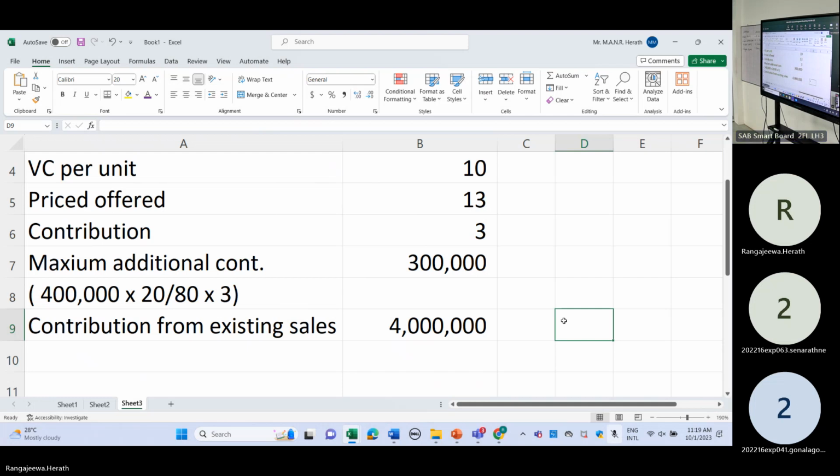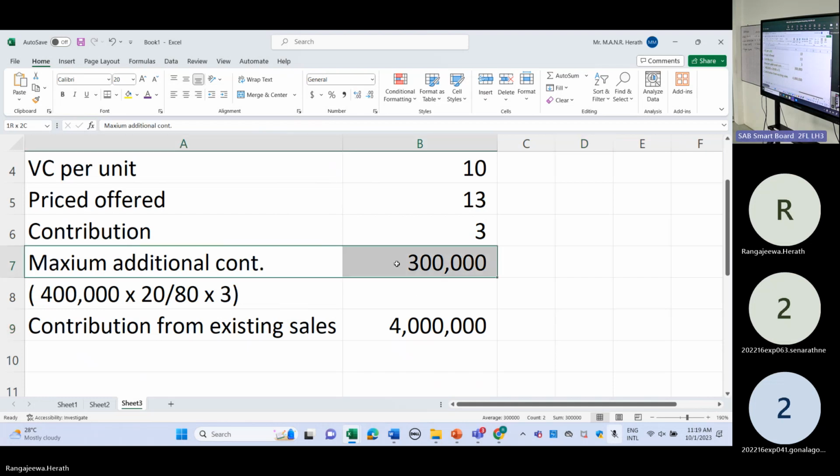So financially, to recover the maximum contribution that we can take, 300,000, by taking this special order, right?